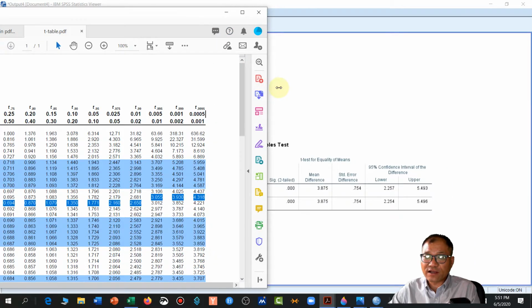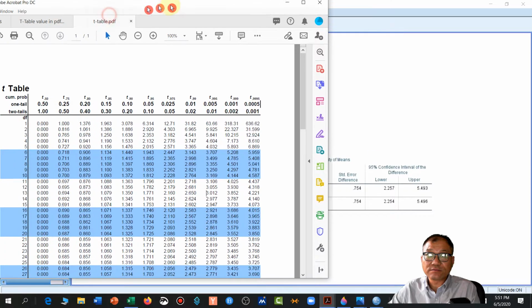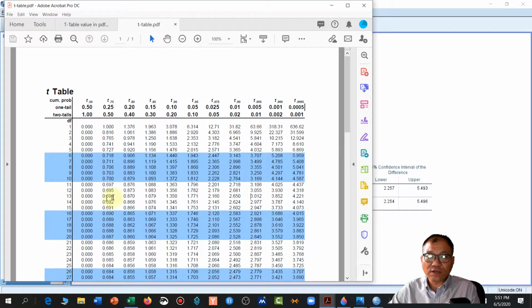What about the 0.01 level? 3.055. 5.136 is still way bigger than what is recommended right here, right?